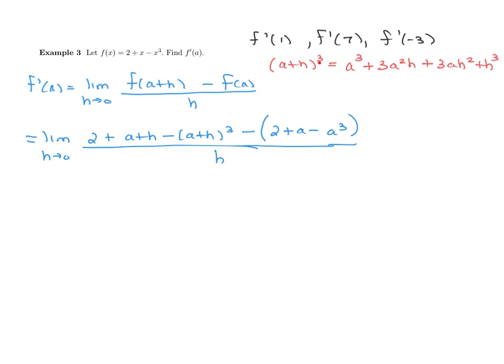If you cube something, a lot like squaring it, it'll start with a cubed. And as you move down the line, the exponents on a drop by 1, from 3 to 2 to 1 to 0, which isn't even written. And in reverse, the h's start at 0 and increase until you get to h cubed. So you have h to the 0, h to the first, second, and third.